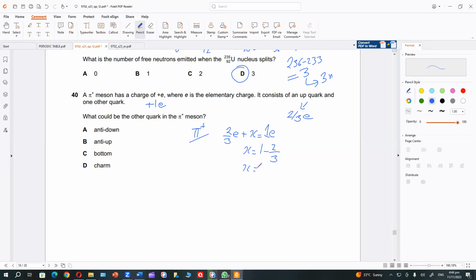X will be 1 by 3. So 1 upon 3e. So it will be anti-down.